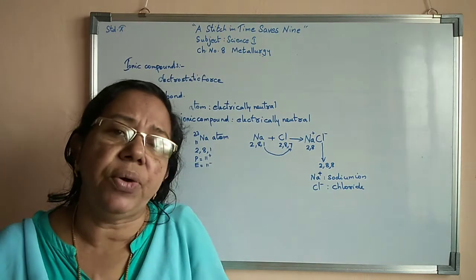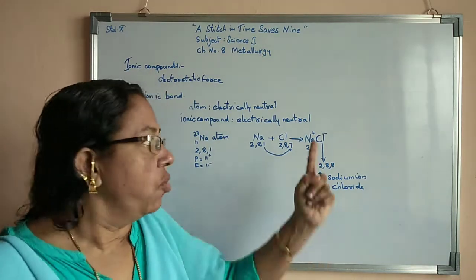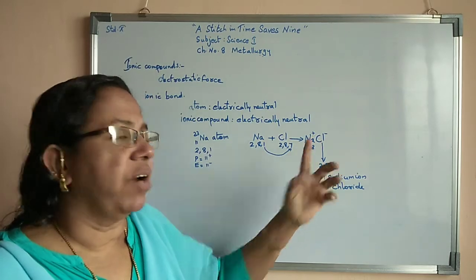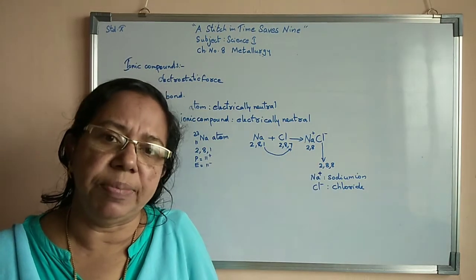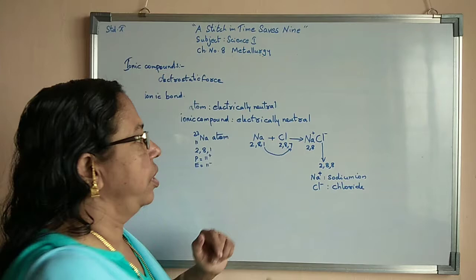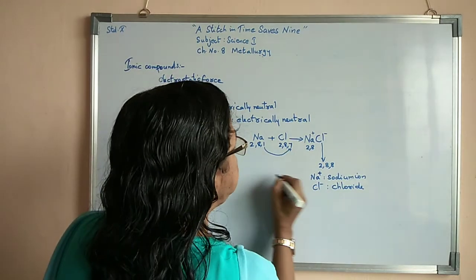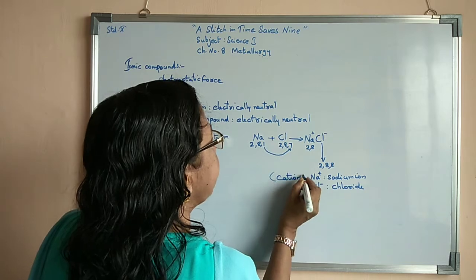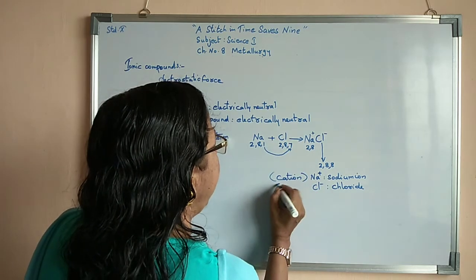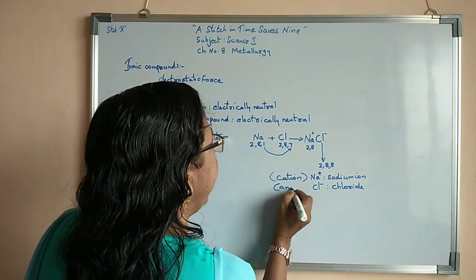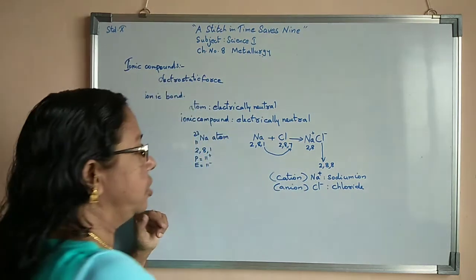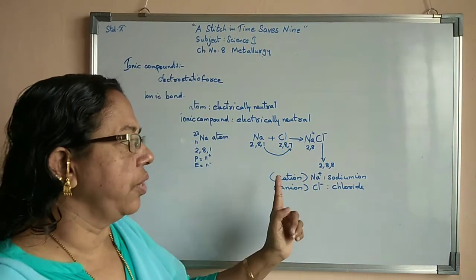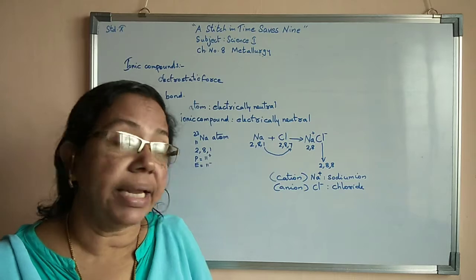In an ionic compound, there will be one metallic ion and one non-metallic ion. Metallic ion we are calling a cation. Non-metallic ion we can call an anion. So here sodium is a metallic ion, so we can call it a cation.